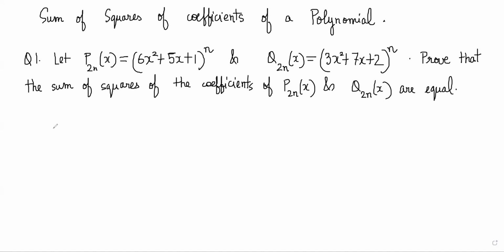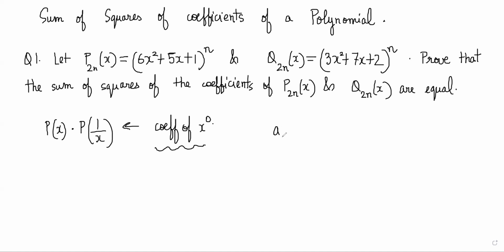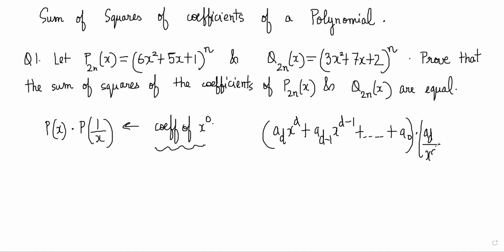So the standard process here is, if you have a polynomial p of x, you can multiply it with p of 1 by x, right? And in this product polynomial, you have to find the coefficient of x power 0. You should check this. It will be a_d x^d plus a_(d-1) x^(d-1) till a_0, multiplied by a_d by x^d plus a_(d-1) by x^(d-1) till a_0.